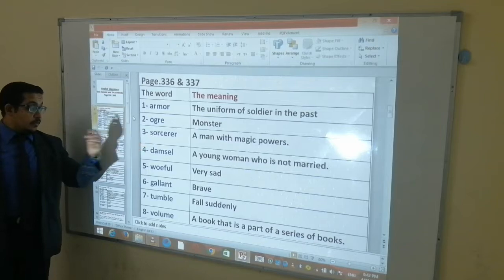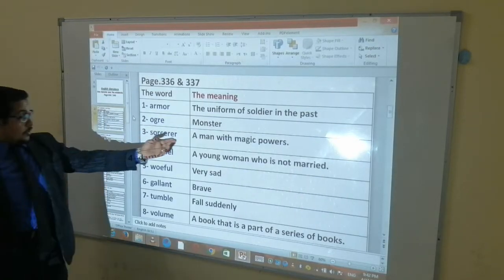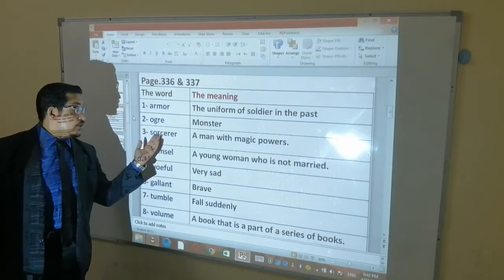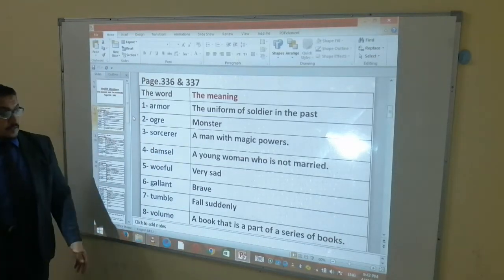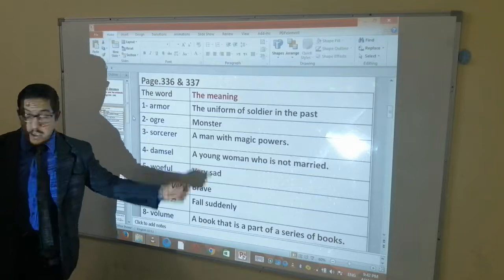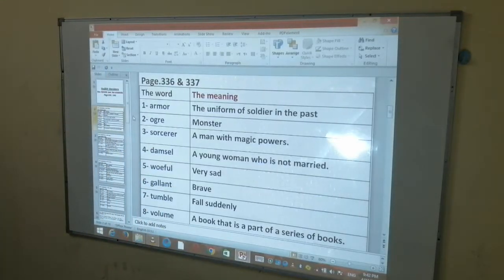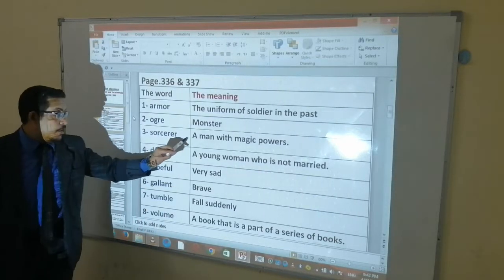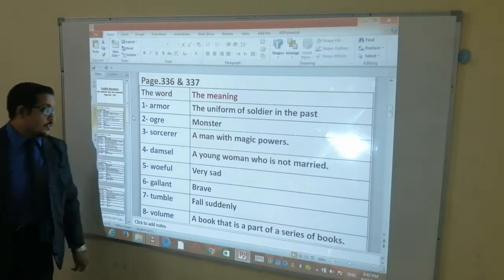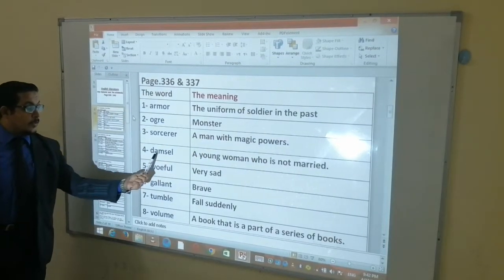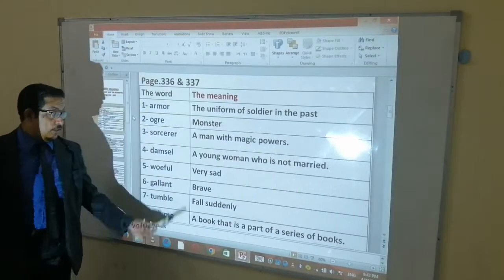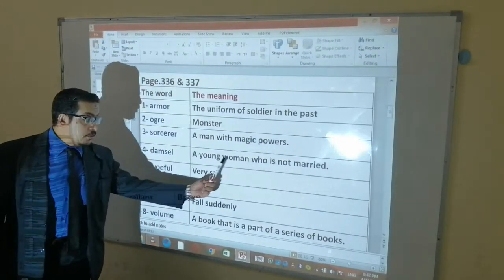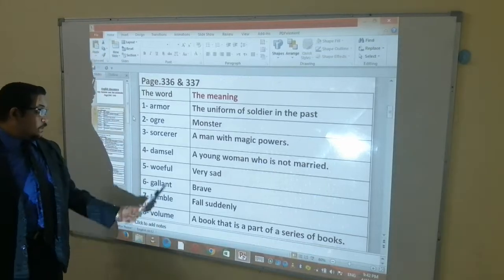The third one that we have is sorcerer. It means a man with magic powers. Damsel, a young woman who is not married.